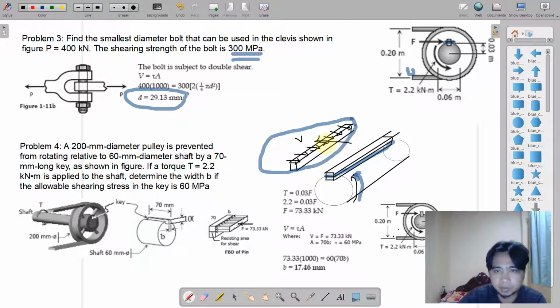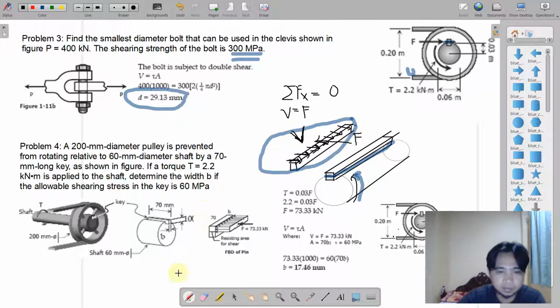This is the force F in the key, wherein the internal effect is to be resisted by this capital letter V. Those forces are represented by a single force V. And if we take summation of forces along the axis, you just say that V is equal to F. Now, how can we derive our F?